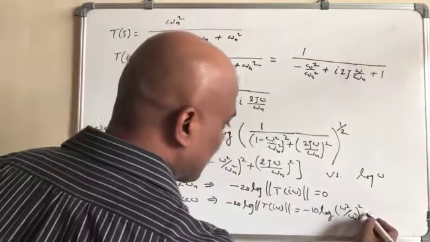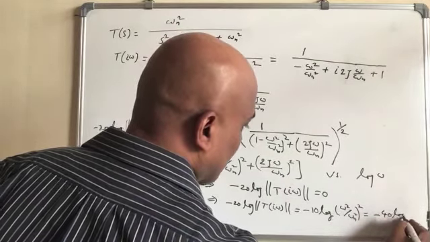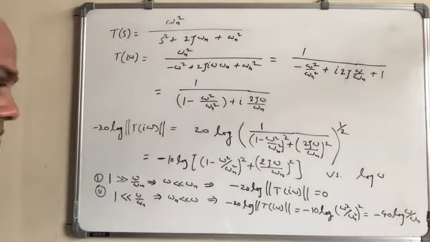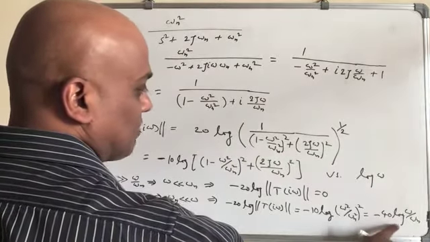Hence you have 4, so minus 40 log omega over omega n.